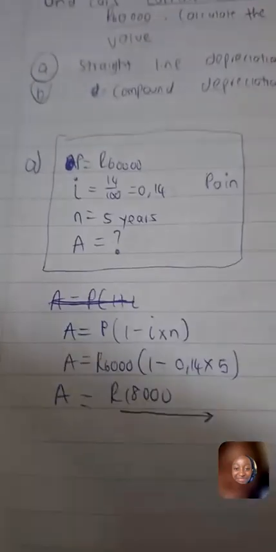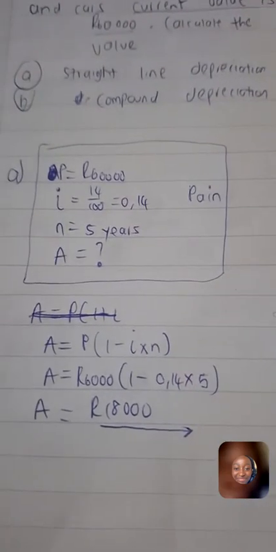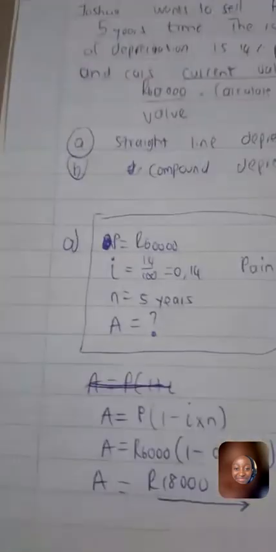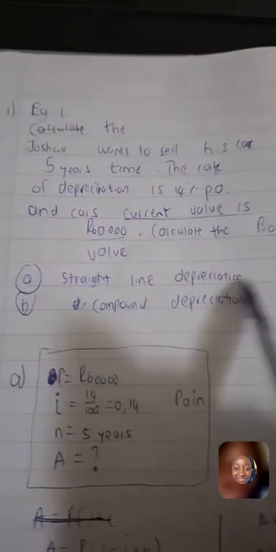Then we substitute what we need in the place of P, I, and N. Do you remember what P was? We're using the same statement, because here it's saying calculate the book value if it's straight line depreciation, and then they want us to do it with compound depreciation as well.